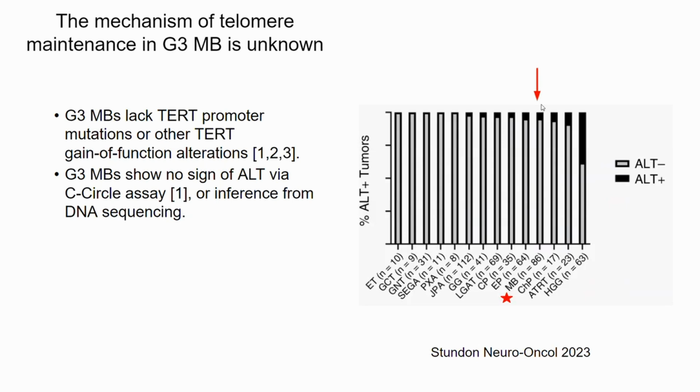The gold standard assay for assaying that is the C-circle assay. A recent study interrogated a relatively large number of medulloblastomas and did not find much evidence for ALT taking place. They did find ALT in a very small number of cases. This could be explained by an absence of ALT. These are false positives. But this could also be explained by ALT being a transient process that is only captured very rarely.